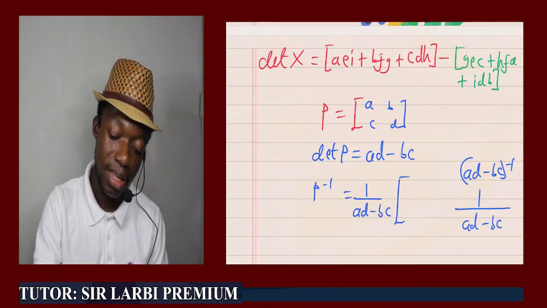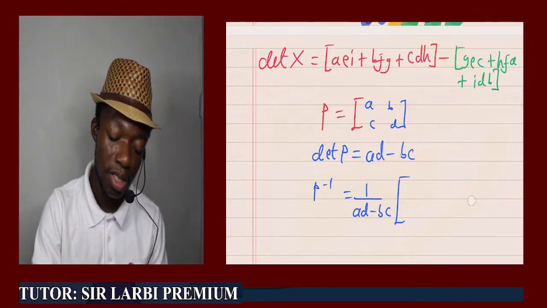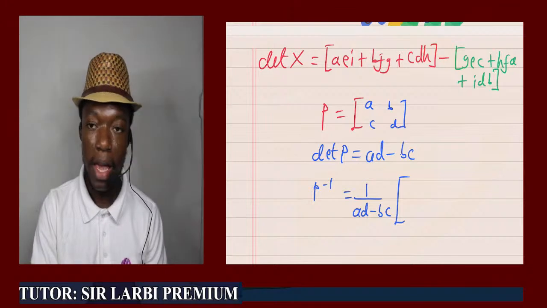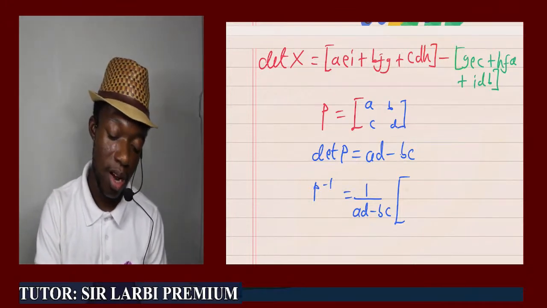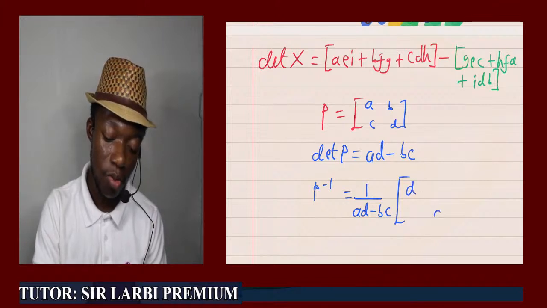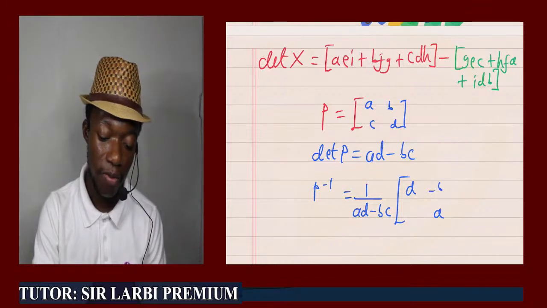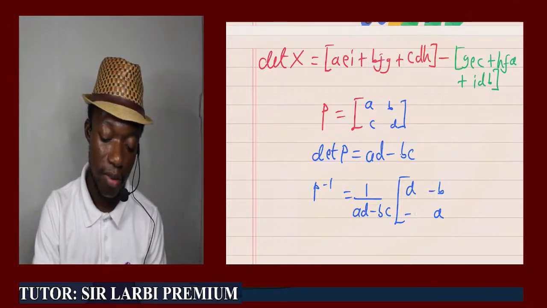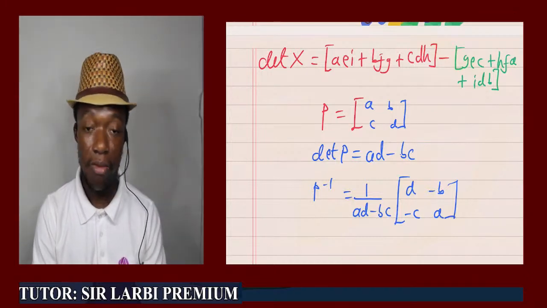And after that, the next thing you want to do is to interchange the position of A and D. So you have D here, and A here, and you negate B and C. So negative B, negative C. This is how we find the inverse of a matrix.